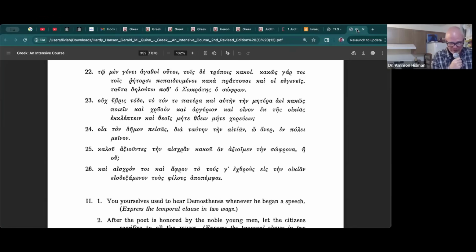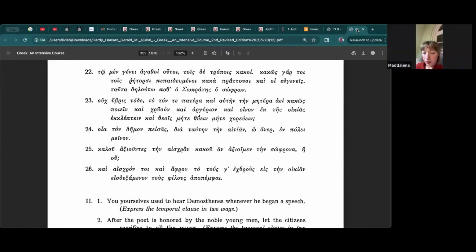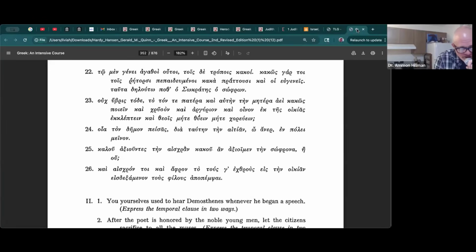Could be something like that. What about oxyuntes? Looks like we've got a participle in there. It's not a genitive absolute, it's not in the genitive case. Okay. Let's go to our verb, oxyoimen. What are we going to do with that?